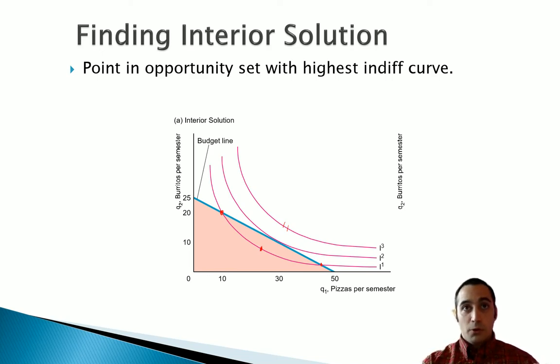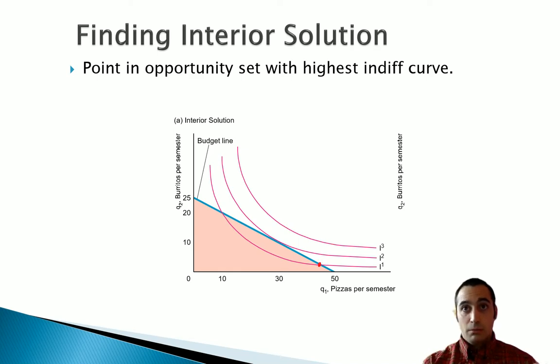However, we'll also note that this point and this point are also suboptimal. Although these spend all of our budget, they do not spend it efficiently. How do I know that? What's a bundle that costs me the same as, say, this bundle, but gives me a higher indifference curve? Well, the answer is anything moving towards the inside.